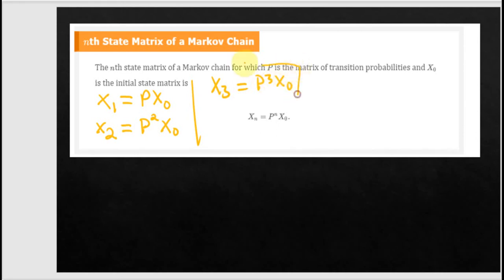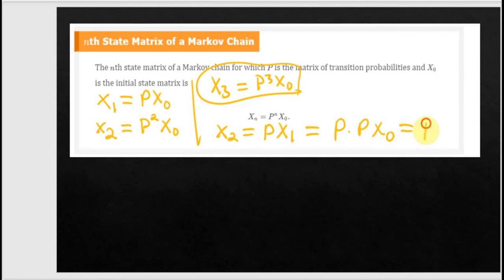Now, there's another way that we can deal with this, and that is you can look at x sub 2 as actually being P times x sub 1, where you recall that x sub 1 was no more than P times x naught.